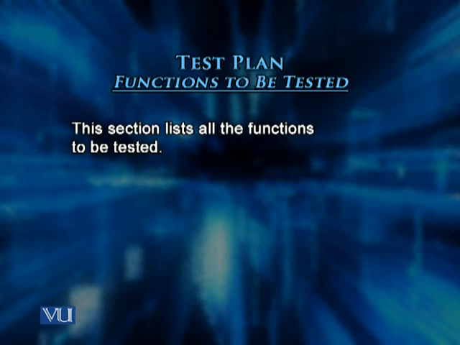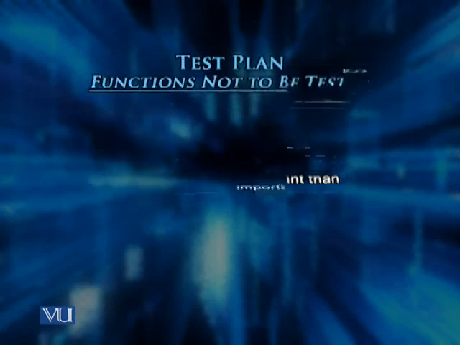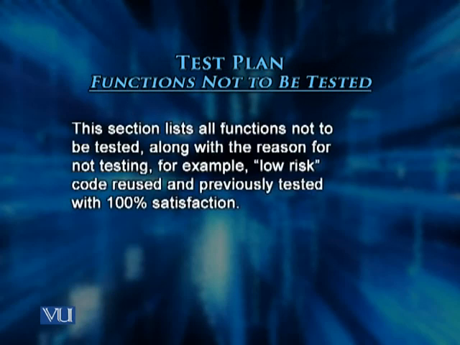This section lists all the functions that will be tested. What you test is more important than how much you test. The next section obviously is functions not to be tested. This section lists all functions that will not be tested, along with a reason for not testing them.